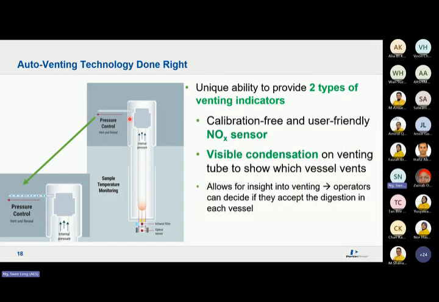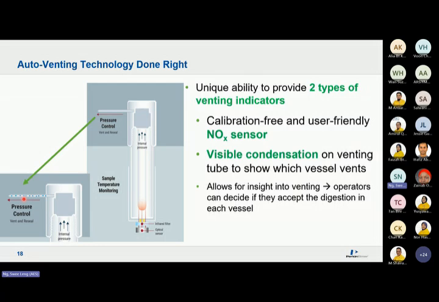So now as a chemist, when I see there is condensation in this Teflon tube, I have the choice of reducing this sample a little bit more. If, let's say, I start with 0.5 gram of sample, and then I observe during the digestion that the venting is already happening, because I saw the condensation, so I have the choice to reject.